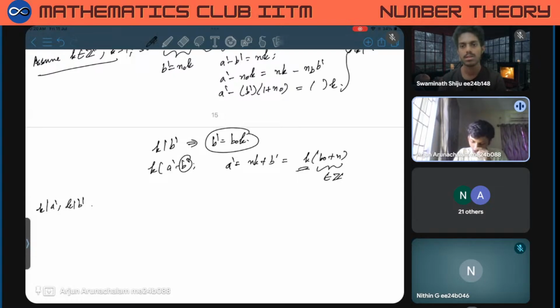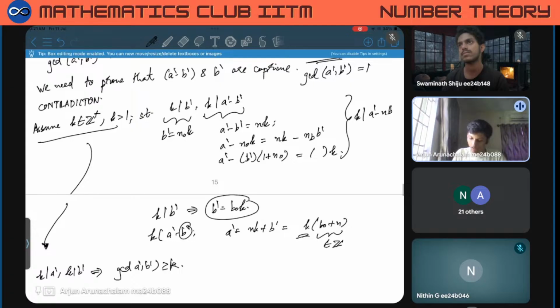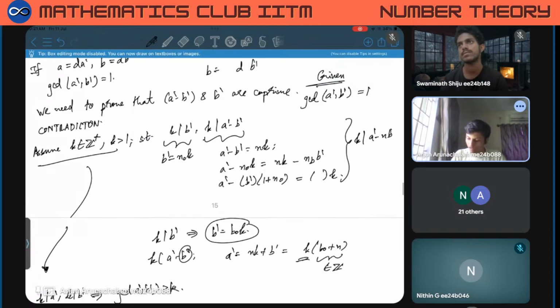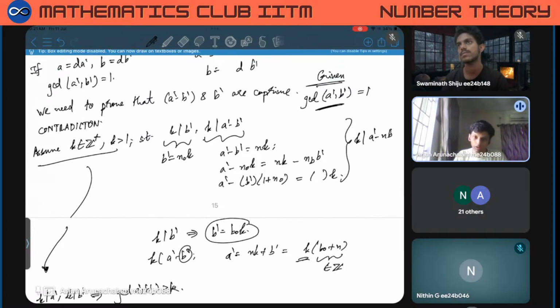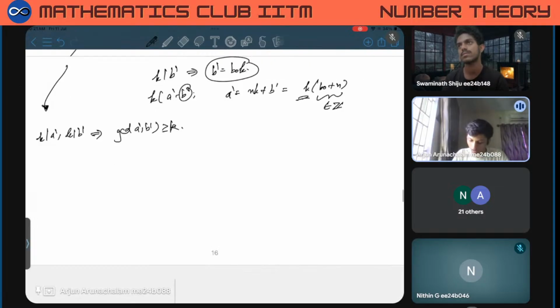And k is greater than 1, right? So this implies GCD of a dash comma b dash is actually greater than 1. So it's at least k, greater than or equal to k. So this contradicts our fact that a dash and b dash are co-prime, right? So this is wrong. So this implies that a dash minus b dash and b dash are indeed co-prime.